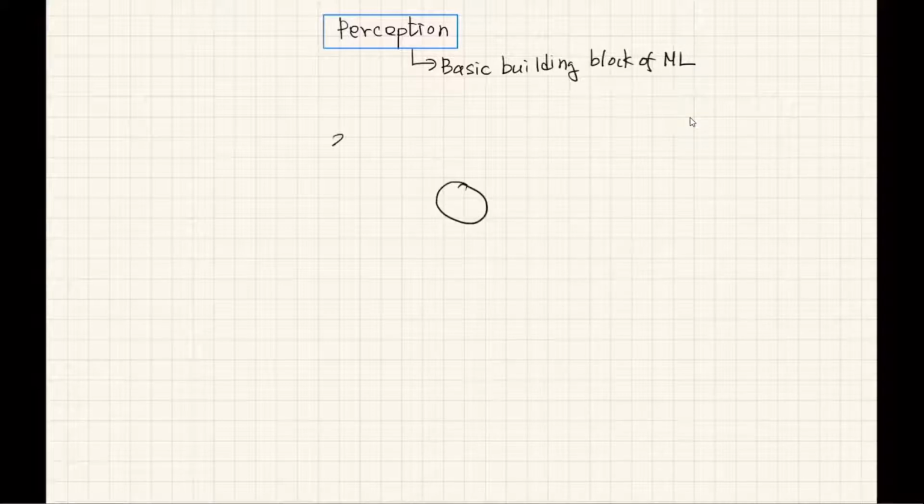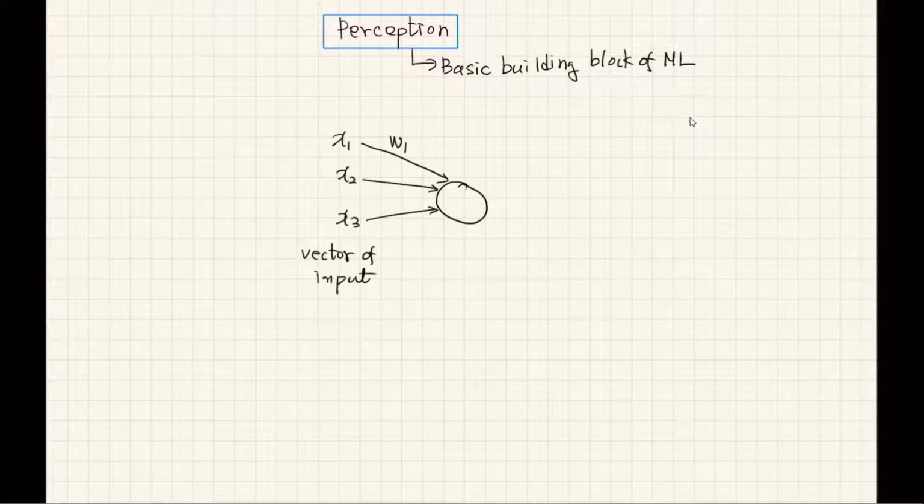Let's assume we have an input x1, x2, x3. This could be a vector of input of neural network. The x will be input of this perceptron, and there will be a weight for each input, W1, W2, and W3.